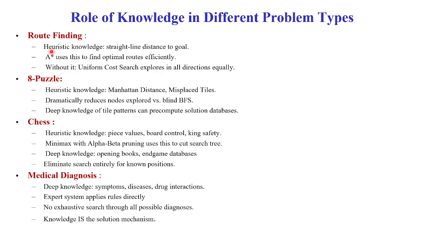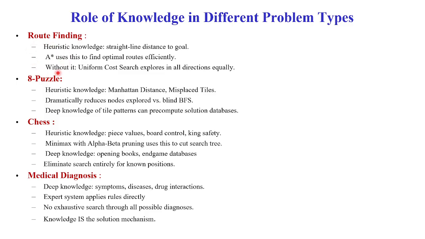Supposing if you have some heuristics, then you're going to use some informed search strategies. So you can use the straight line distance to find the goal. So definitely if you are going to use an A-star algorithm, use the evaluation function f(n) = g(n) + h(n), which will help you to find optimal routes definitely or efficiently.